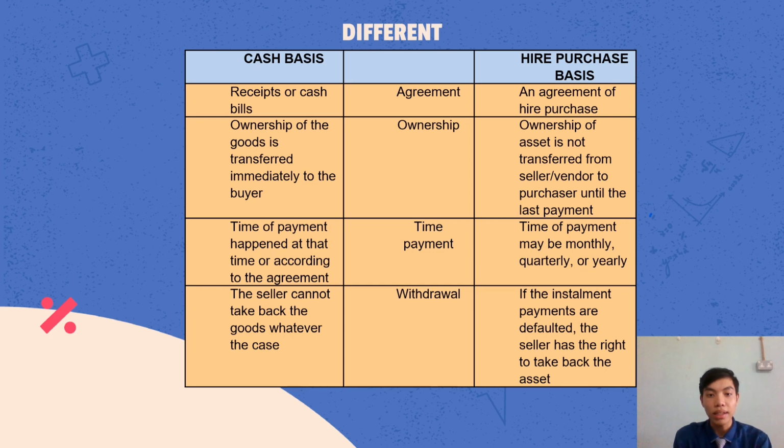For the time of payment, cash basis follows the agreement, while payment may be monthly, quarterly, or yearly for hire purchase basis. For withdrawal, the seller cannot take back the goods whatever the case, while in hire purchase basis, if the installment payments are defaulted, the seller has the right to take back the assets.